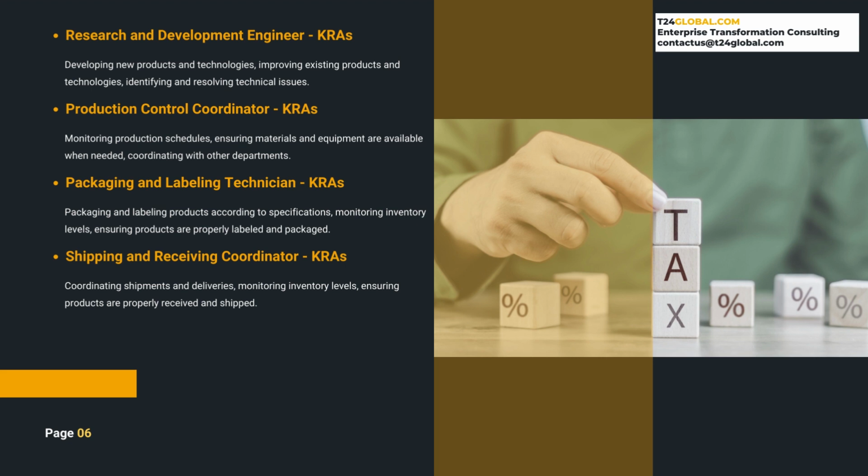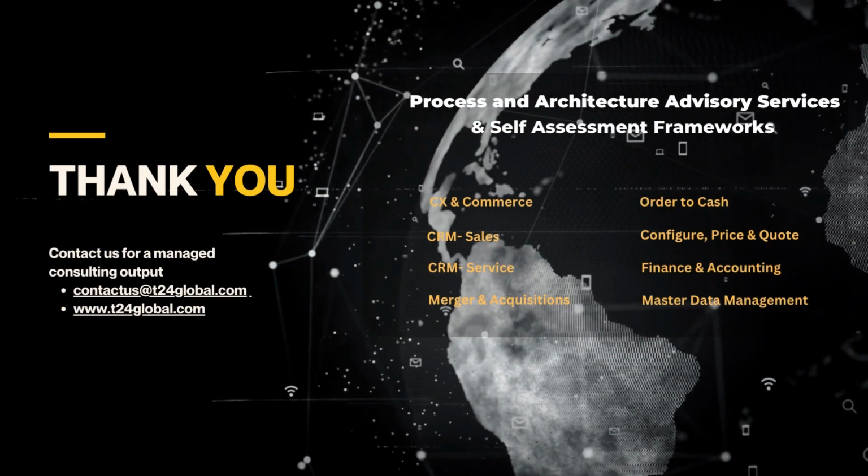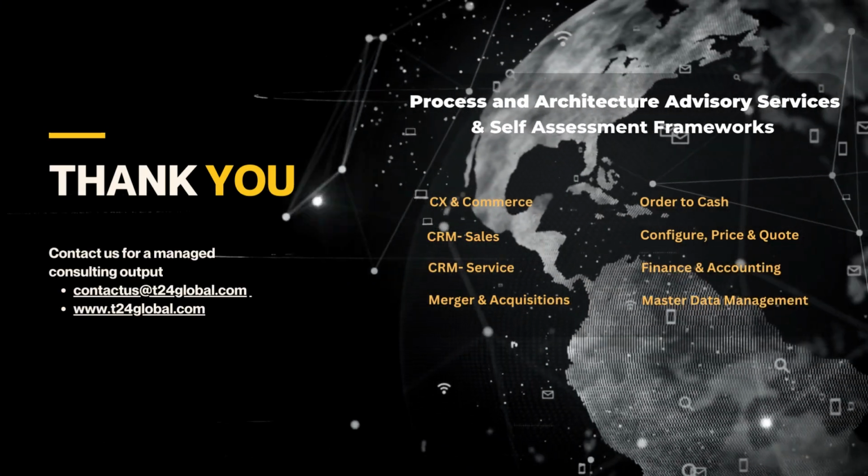People who report to shipping and receiving coordinators include material handlers and logistics coordinators. Some of the tools and technologies used by shipping and receiving coordinators include transportation management systems, warehouse management systems, and barcode scanners.